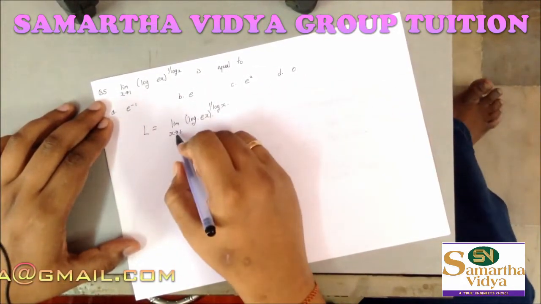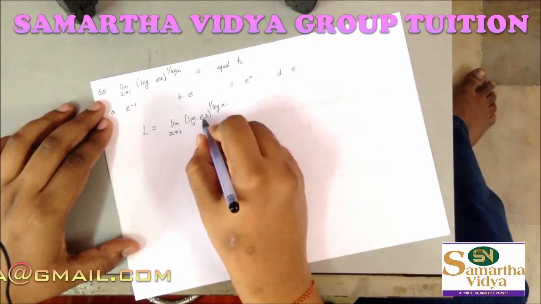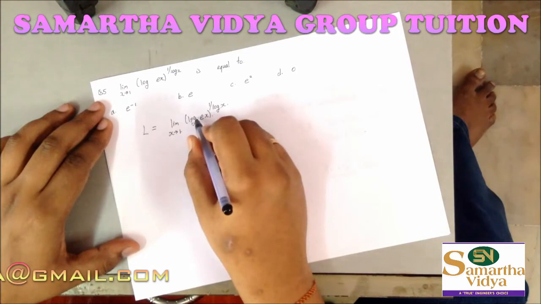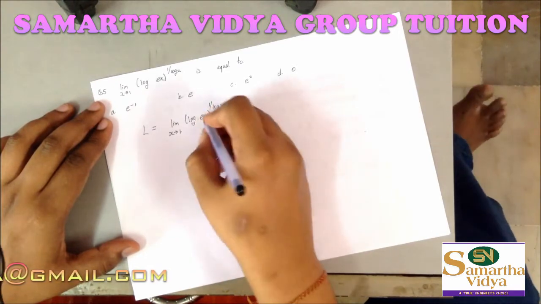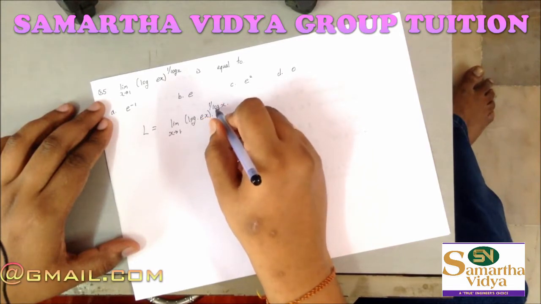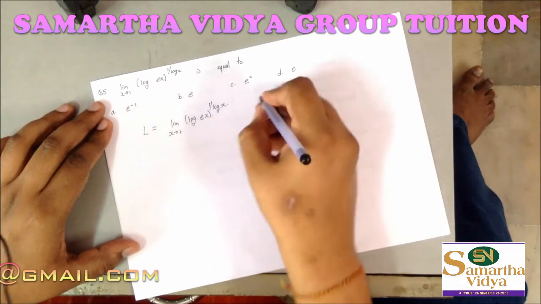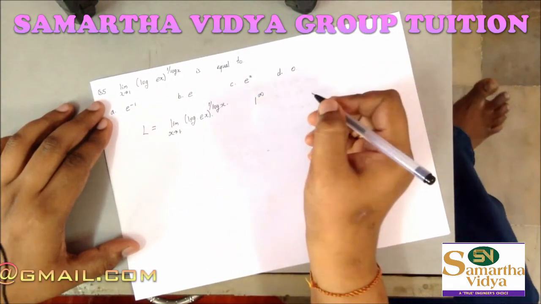So now if I just substitute x as 1 in this case, you can see it is log e. So log e is basically nothing but 1, and if I substitute here, I'll be getting 1 by log 1, and log 1 is 0, so 1 by 0 is infinite, so it becomes 1 raised to infinite.